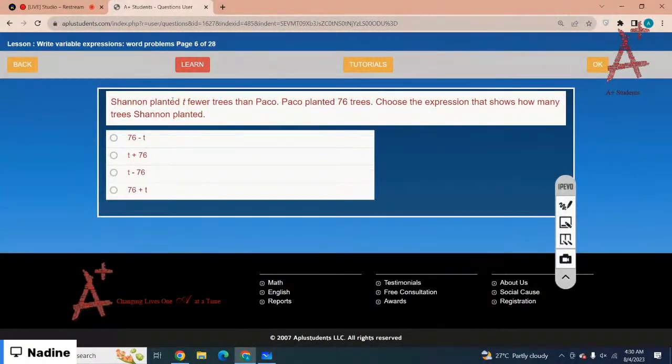Shannon planted T fewer trees than Pecco. So choose the expression that shows how many trees Shannon planted. Yes, that would be 76 minus T. Basically, Pecco planted 76 and Shannon planted T fewer than Pecco. So it would be 76 minus T. Very good.